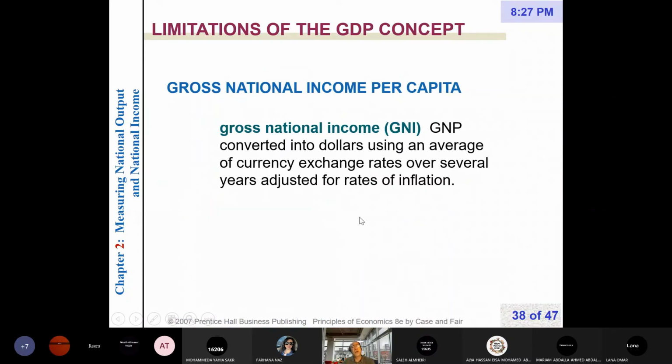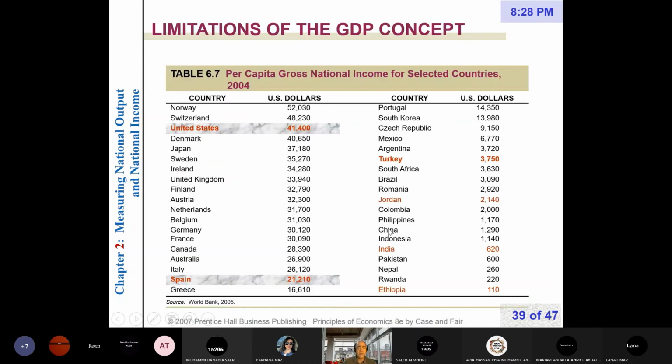Okay, so we finish this topic, but gross domestic product is still a very good indicator. If you convert from your local currency, from dirham to dollar, and divide gross domestic product by population, you will get income per capita, and you can compare income per person between different countries using US dollars.